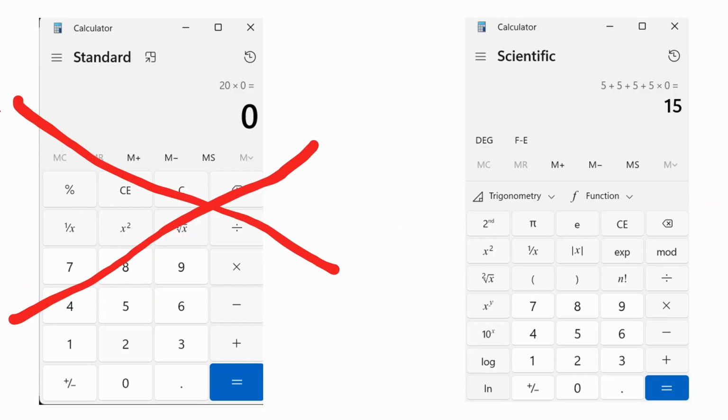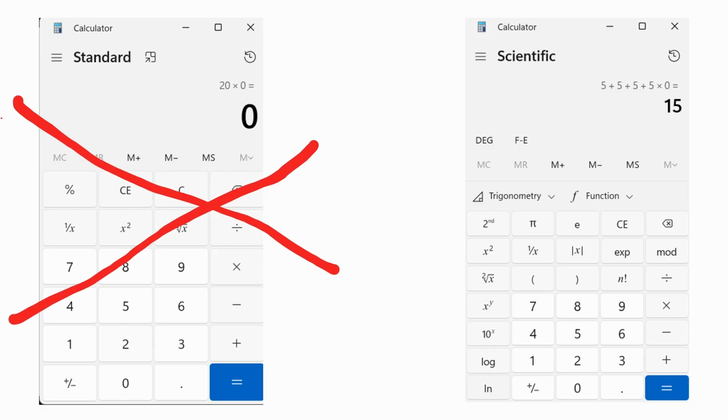All right, so the next thing here we have calculators, and a lot of people are confused over calculators. This is from a Windows 11 computer. You can see on the left, if you use the calculator in standard mode, you end up with 0 because in that mode, the calculator works in what's called immediate execution mode. So as you enter an expression, it's solving every mathematical operation as soon as you enter it.